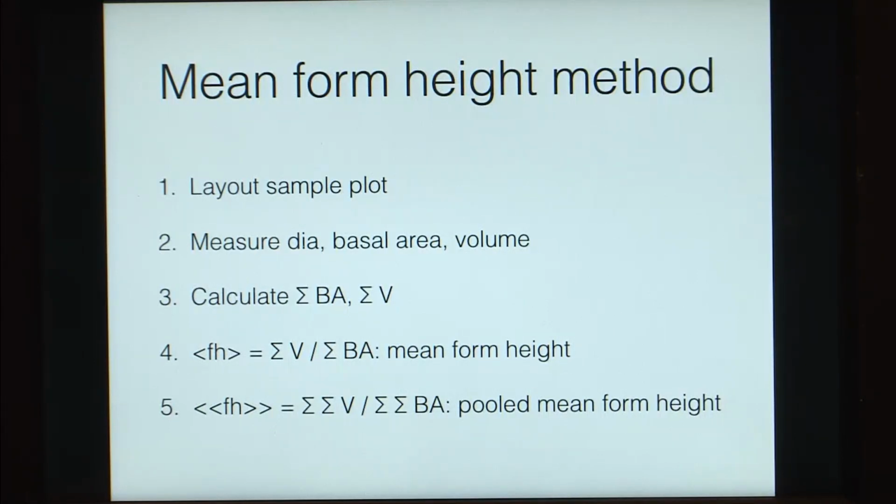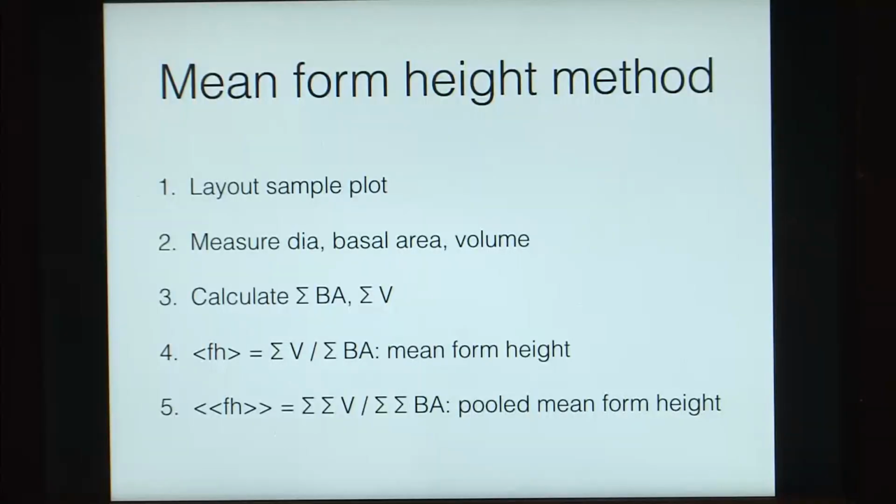Basal area is pi r square or pi by 4 DBH square for each tree. Volume can be calculated by multiplying the basal area with the height of that tree and with the form factor of that tree. After we have done that, we can calculate the sum of the basal areas of all the trees in the sample plot and the sum of the volumes of all the trees in the sample plot. So, that can be figured out.